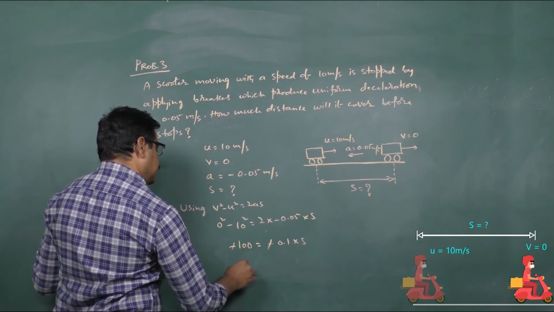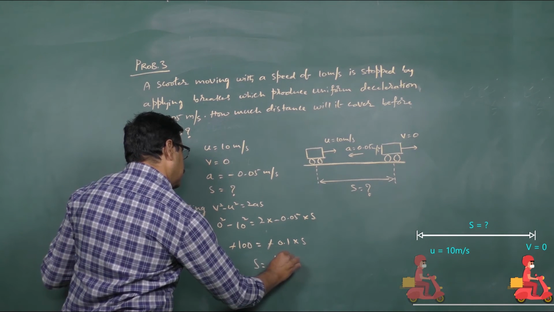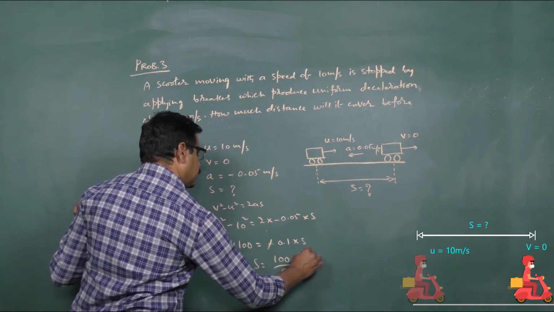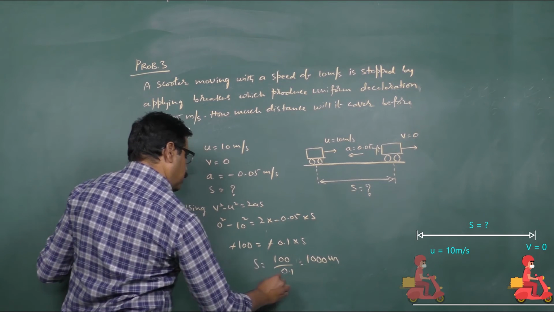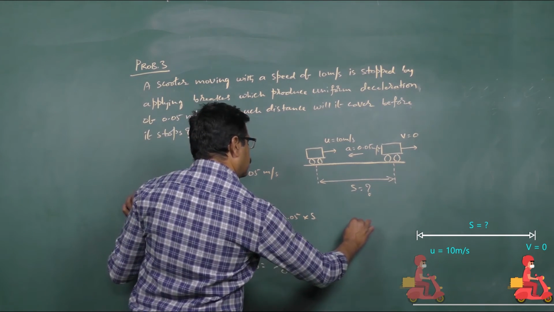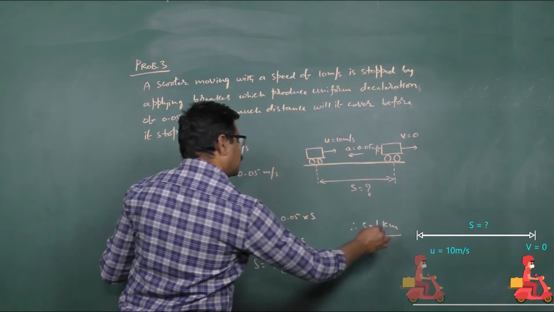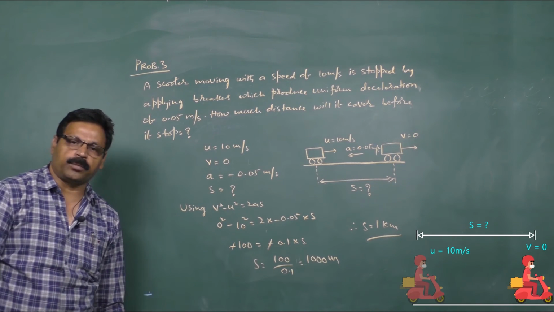Minus minus cancels, so you are left with s is equal to 100 by 0.1. That comes out to be 1000 meters, or you can write the same thing as s is equal to 1 kilometer, because 1 kilometer is equal to 1000 meters. So this is how you can solve this problem.